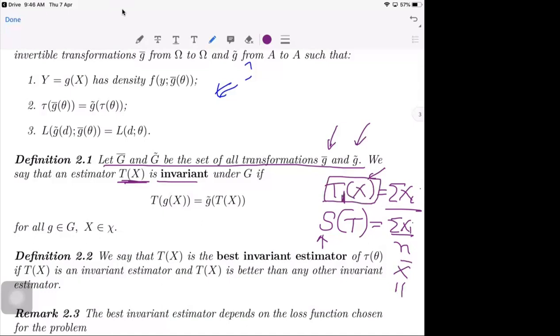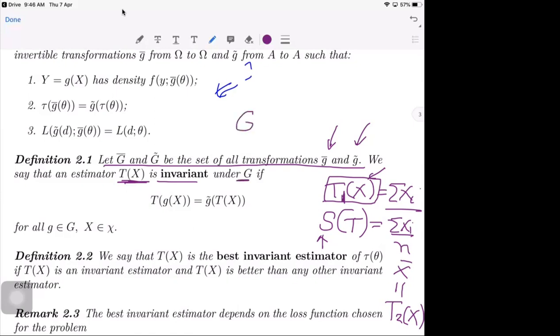This is one transformation that we did with X. And X bar will be another transformation that we did on X, no? So any transformation on your data X or in your observations X, it is invariant under this group of transformation G.